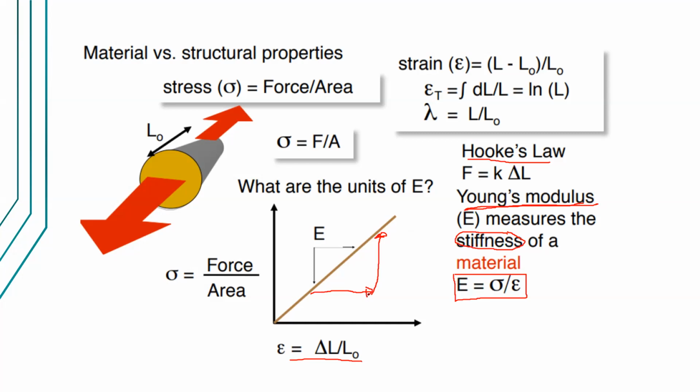If I remove that stress, the deformation goes back to the original, and that's because of the linear relationship expressed by Hooke's law. That's also the case if you have the plot of sigma, or stress, and strain.